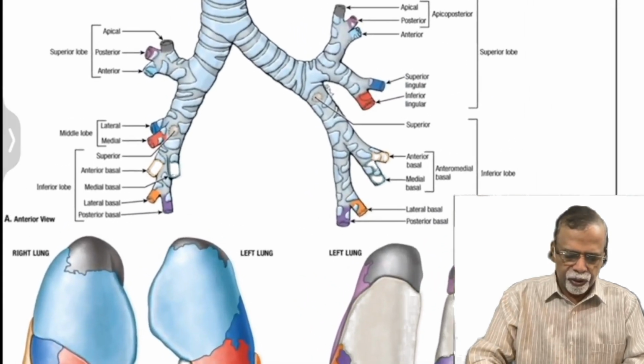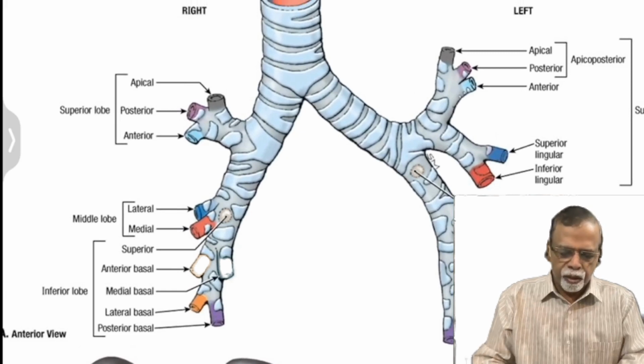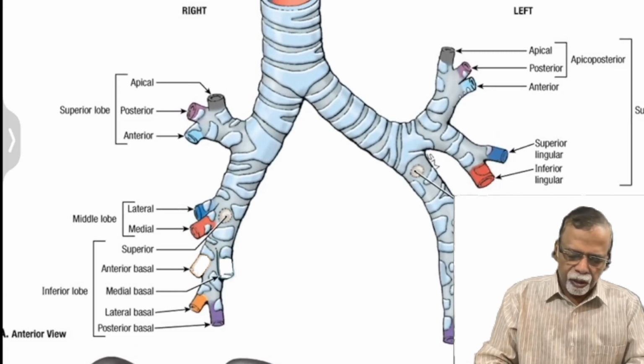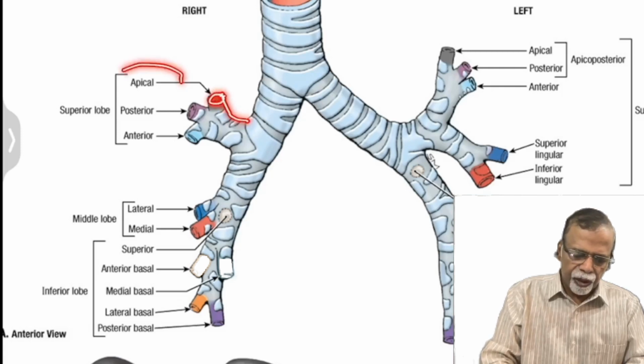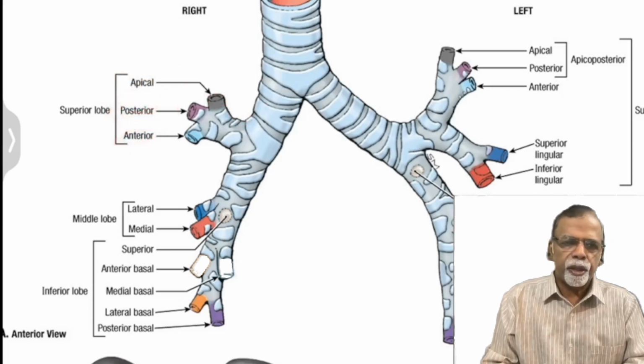So let us look into the segments. The trachea divides into right and left. In the upper lobe, we have three segments: apical, anterior, and posterior.